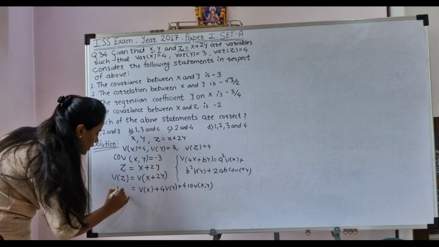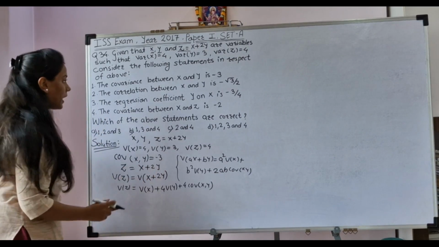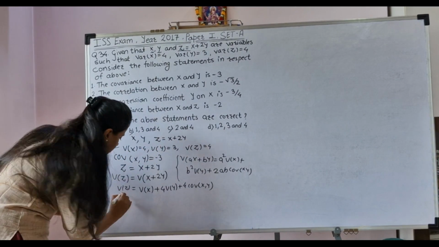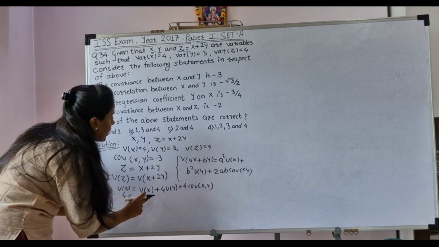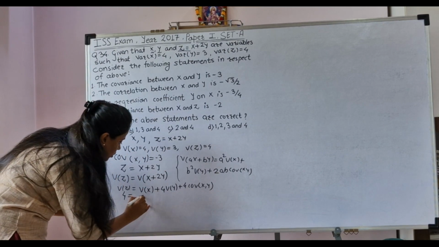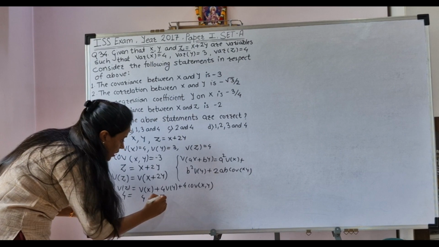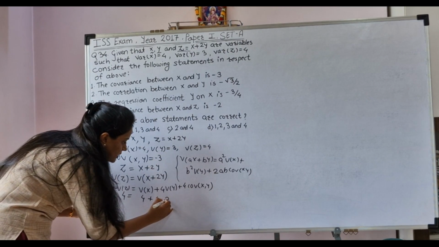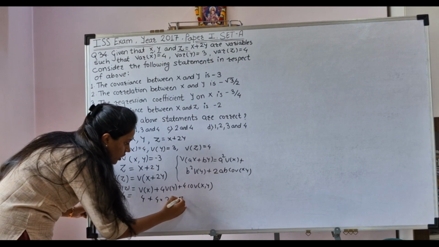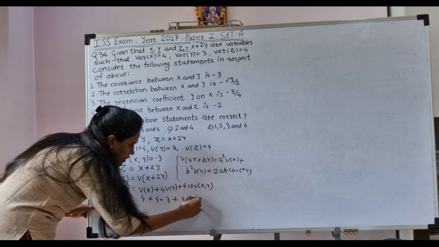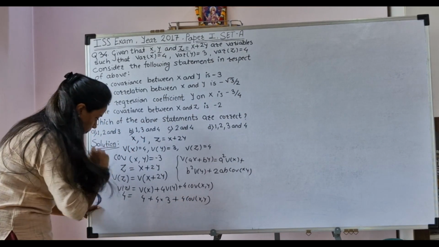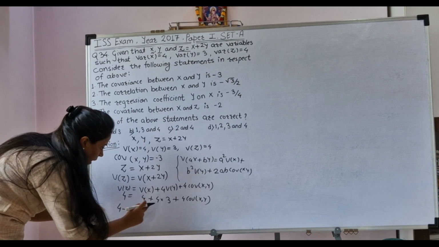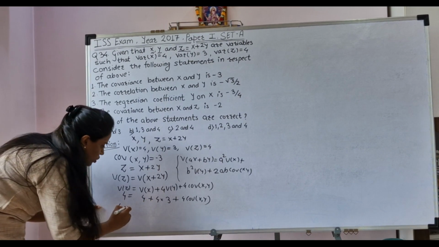Now we know all these values, so let's put them in. Variance of z is 4 equals variance of x, which is also 4, plus 4 into variance of y, which is 3, plus 4 into covariance of xy, which we want to find out. So it will be 4 plus 12 plus 4 covariance of xy, that is 16.